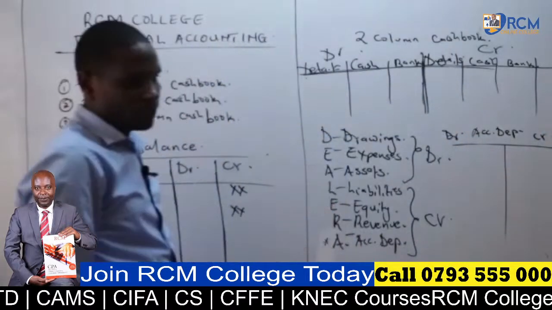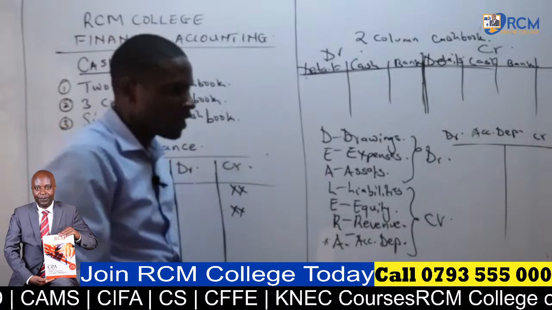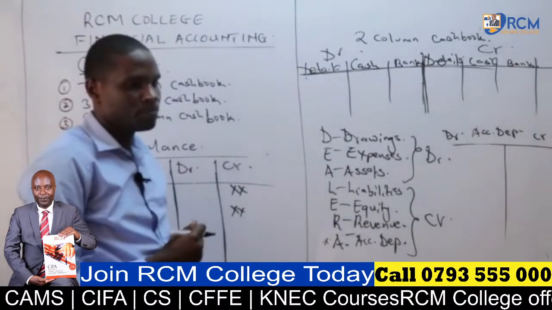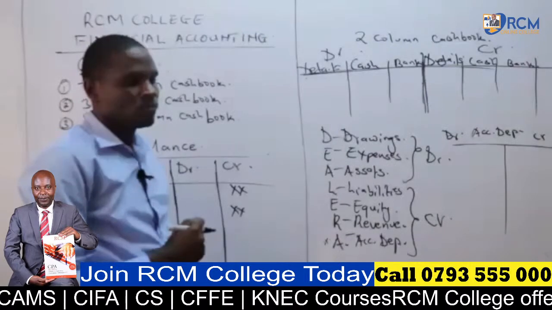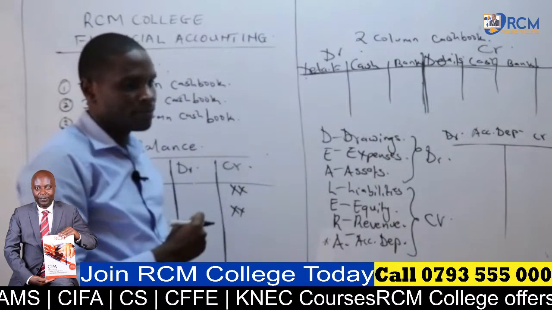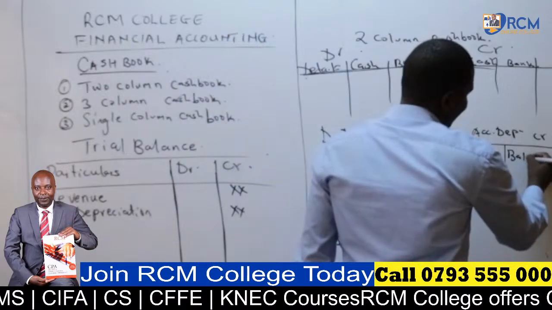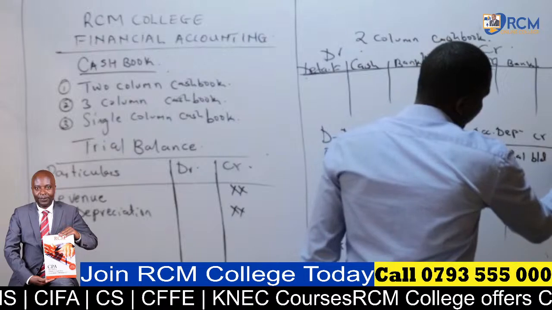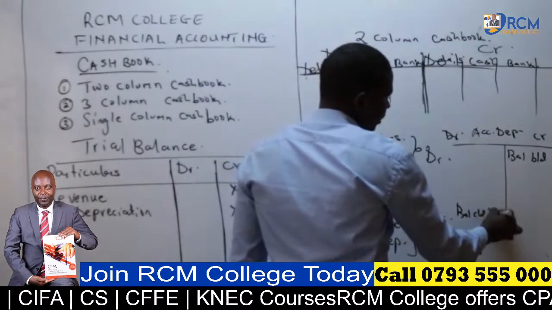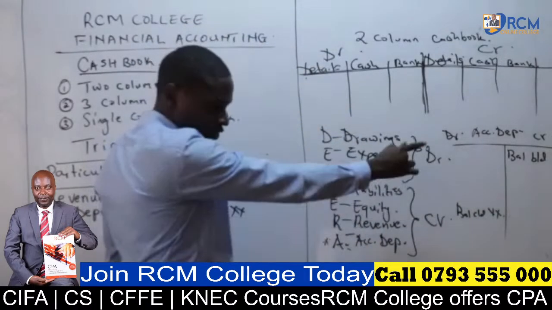If I ask you where will my balance brought down be in that account, will it be on the credit or on the debit side? On the credit side. Balance brought down will be on the credit side, and balance carried down will be on the debit side. And that's why accumulated depreciation falls there.